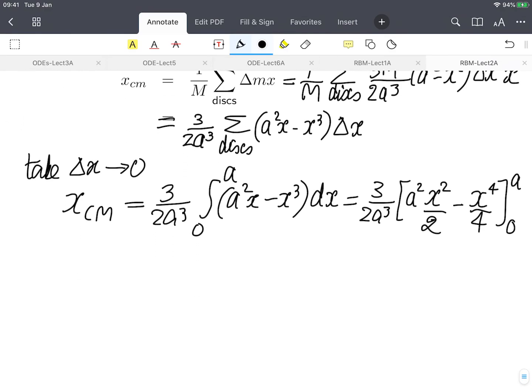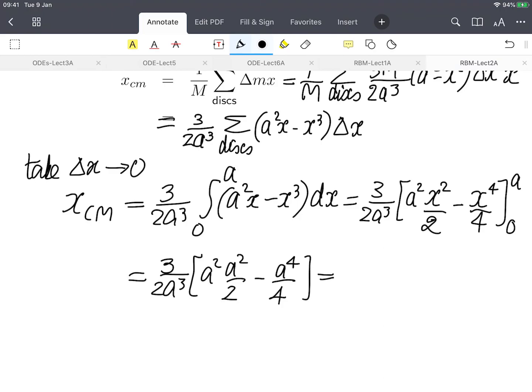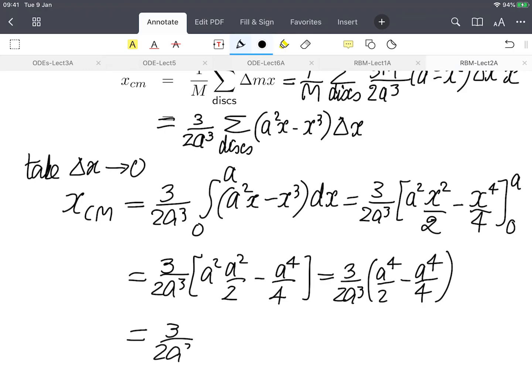Now I evaluate this at a, and then at 0 it's going to be 0, so that's easy. a squared times a squared over 2 minus a to the 4 over 4, and then minus 0. I don't need to write it. a to the 4 over 4. What's that? That's going to be a to the 4 over 4.